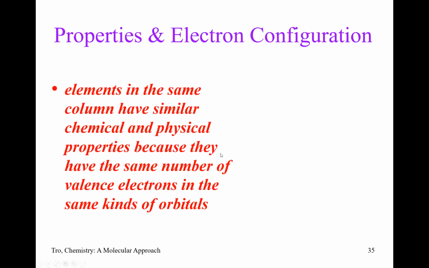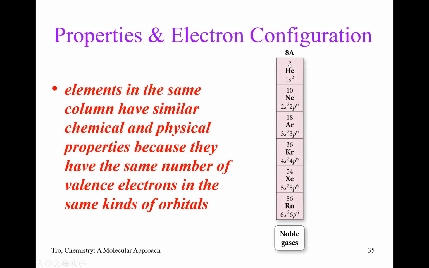All right, so these elements in the columns have very similar chemical and physical properties because they have the same number of valence electrons. So the noble gases are all filled. They all end in p6, with the one exception of helium, but helium has its only orbital completely filled.